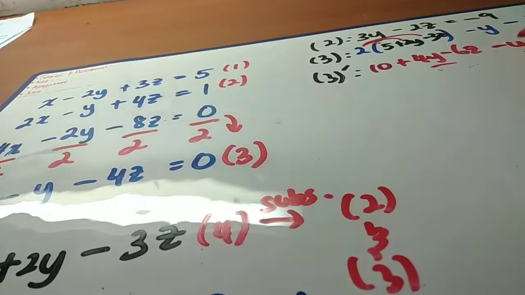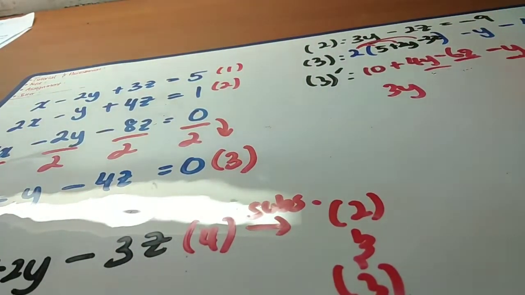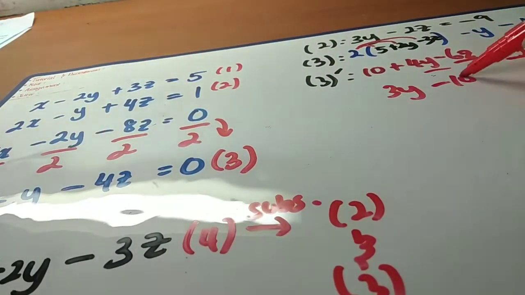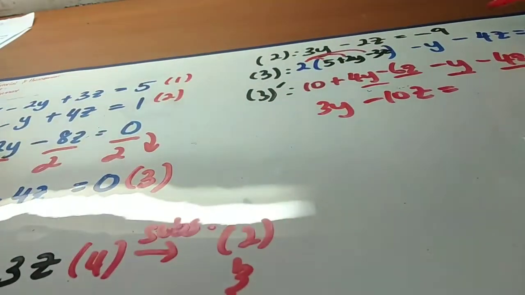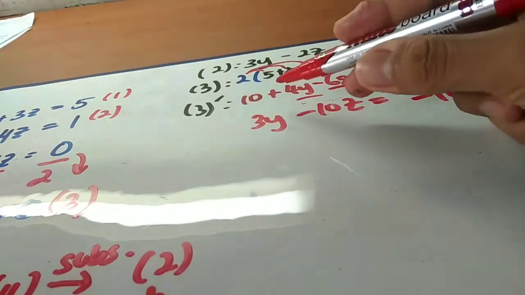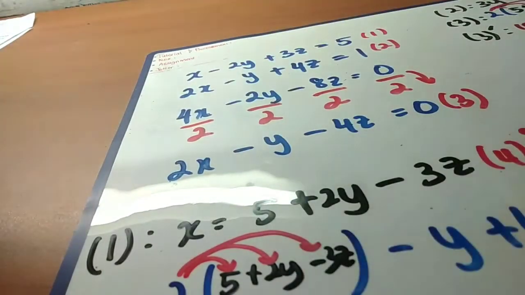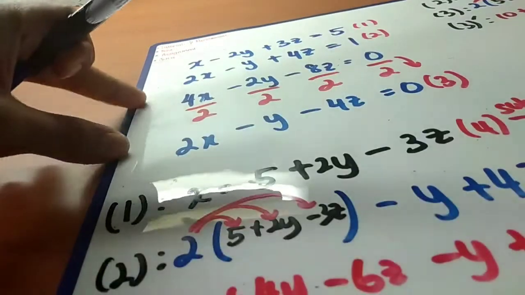So we simplify this and that: 3y, negative 6z, negative 4z is negative 10z. I bring 10 to the right hand side, negative 10, because 0 minus 10 is negative 10.